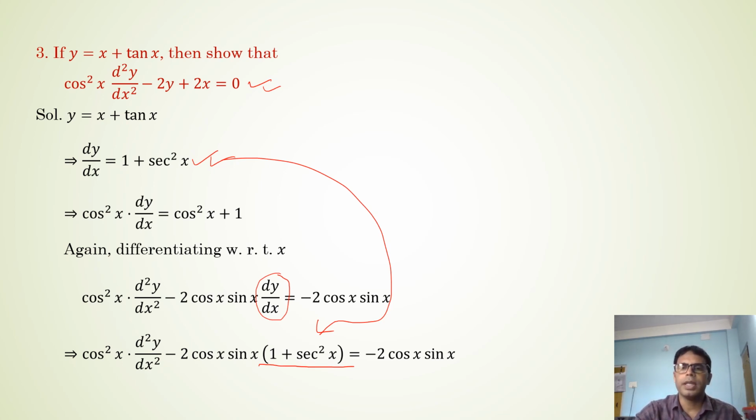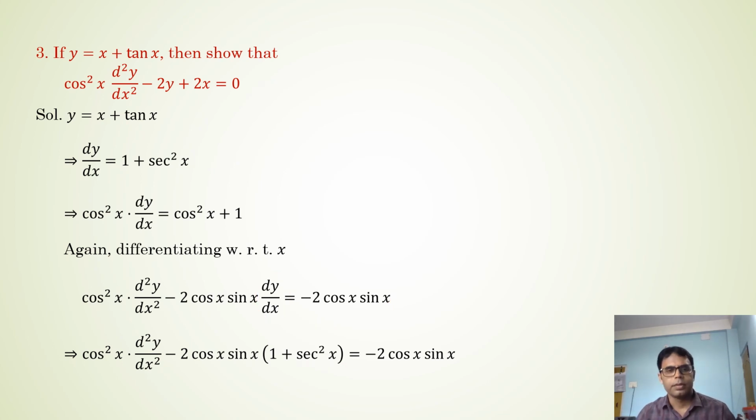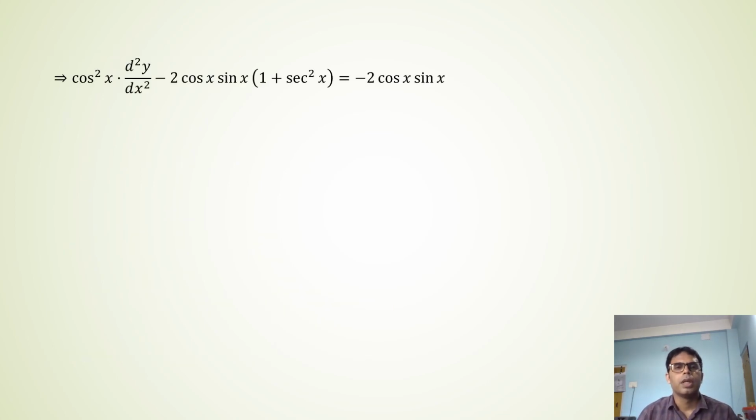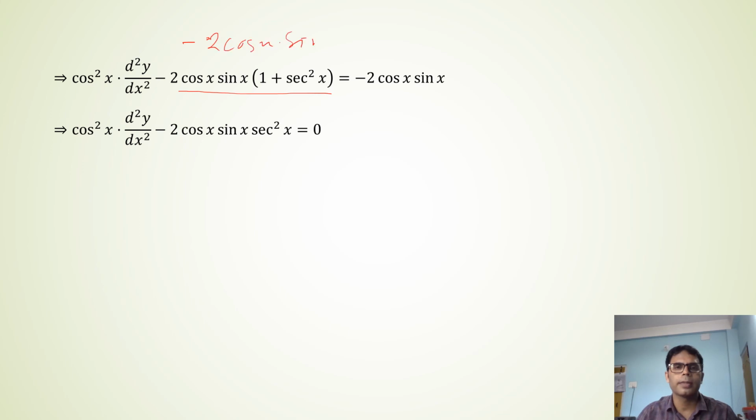Okay, so after that you see, this was the previous line. Then cos square x into d2y/dx2 minus, after completion of this product, what will be the term there? The term is minus 2 cos x into sin x, then minus 2 cos x into sin x into sec square x, is it not?